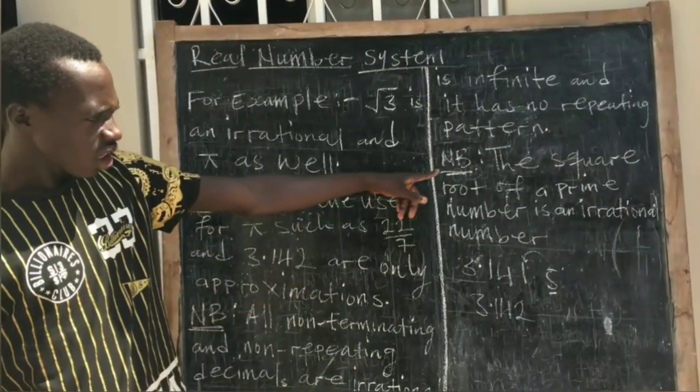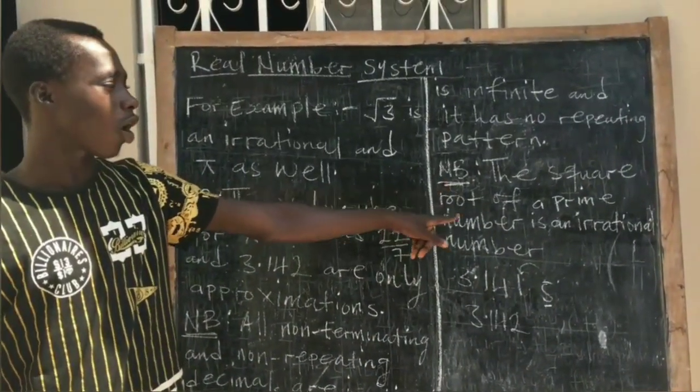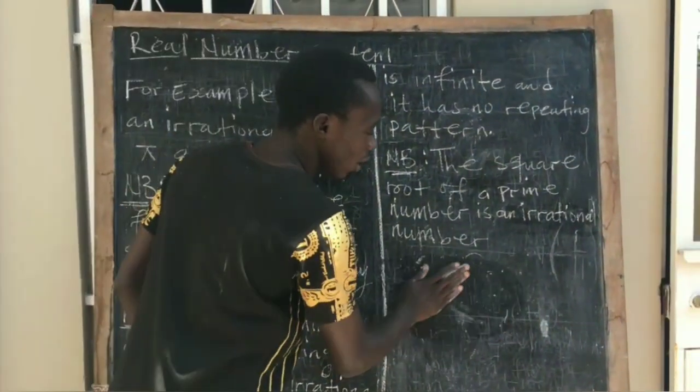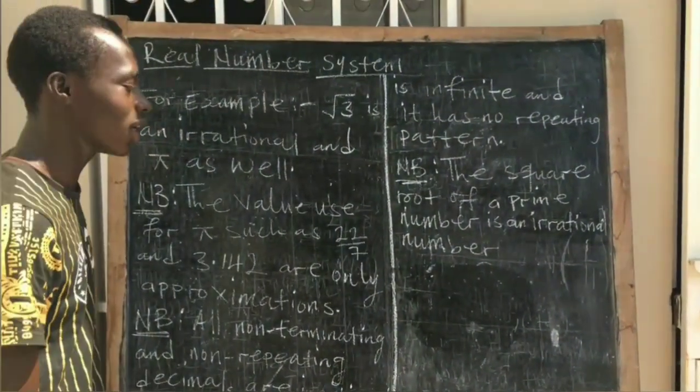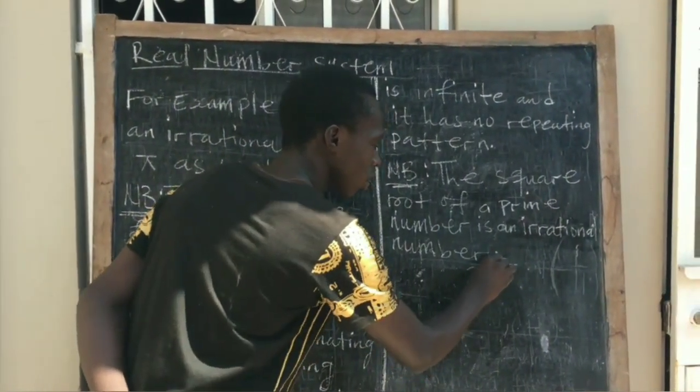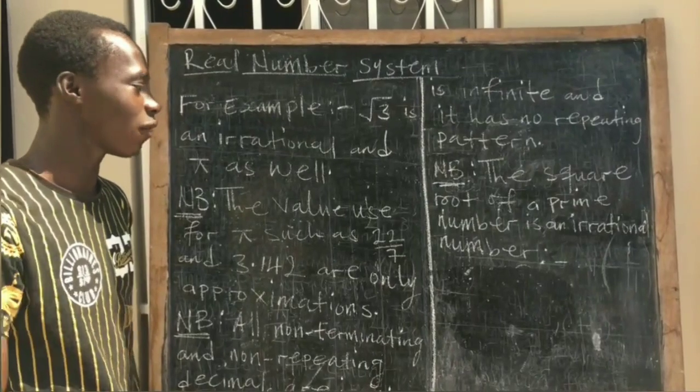So, take note again. The square root of a prime number is irrational. Prime numbers are numbers that have only 2 factors, itself and 1.